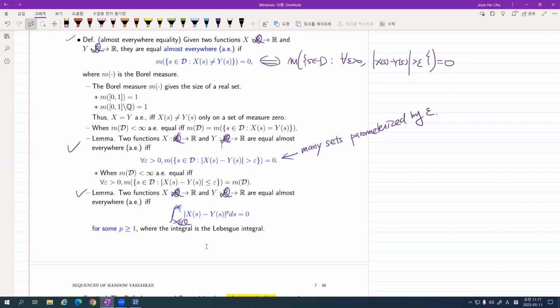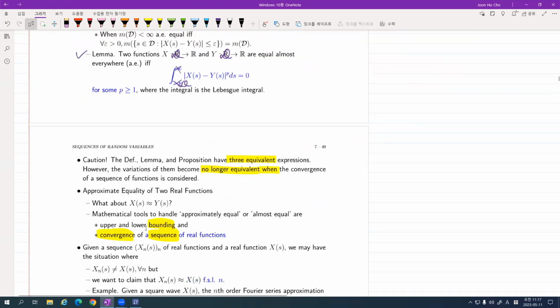That's our magic spell. Got it? So far, so good. And these three equivalent definitions will be modified when we are talking about a sequence of functions converging to another function. And in that case, these three definitions actually become different. Their modifications become different. That's the key point.